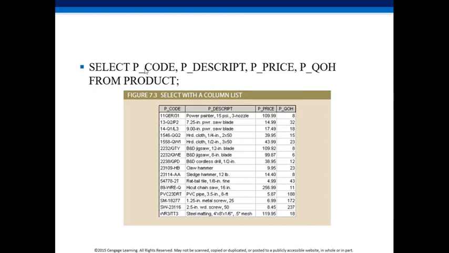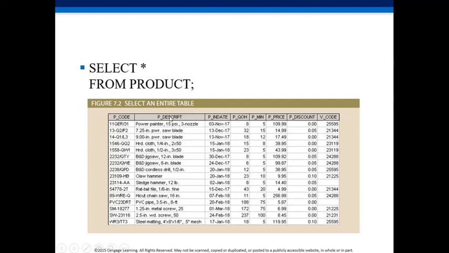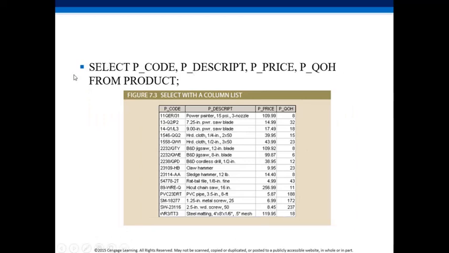So, we select the P code column, the P description column, the price column, and then the quantity column. In the previous example, we did not specify any columns, so it returned all of them. So, if we want to minimize the output to a certain number of columns, we can specify them in the select clause.